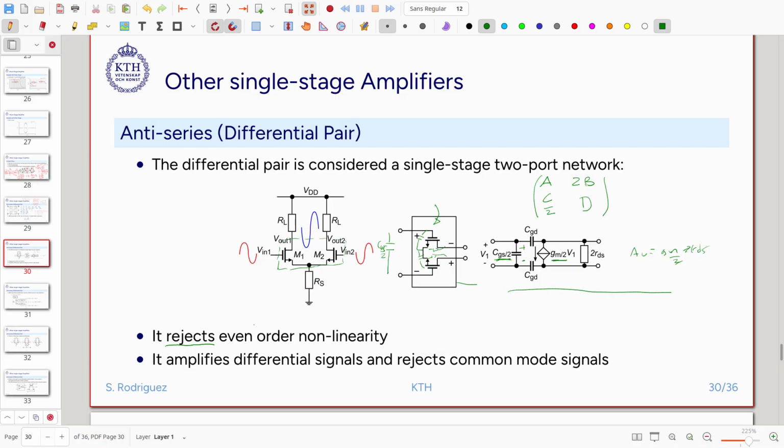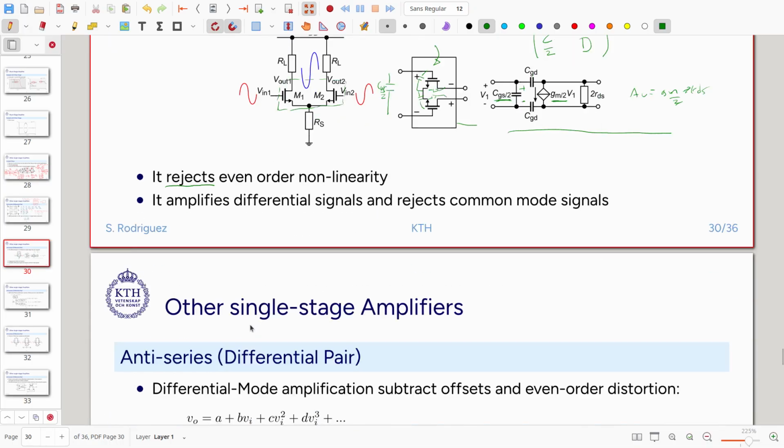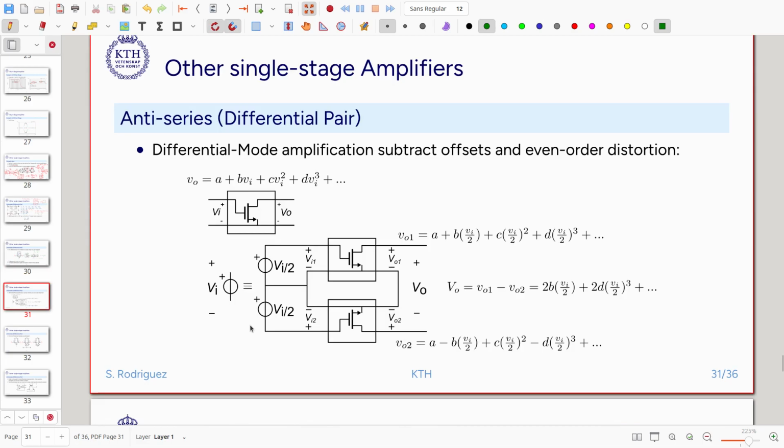Let's take a look very quickly at how this happens. In a single transistor, the output voltage, as we saw before, has a quadratic dependence due to the nature of the transistor.